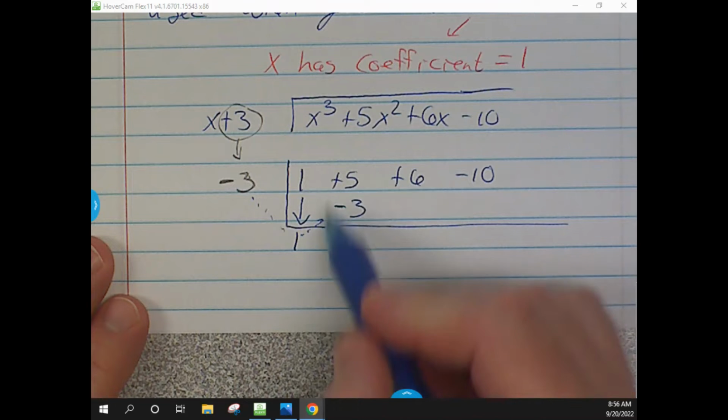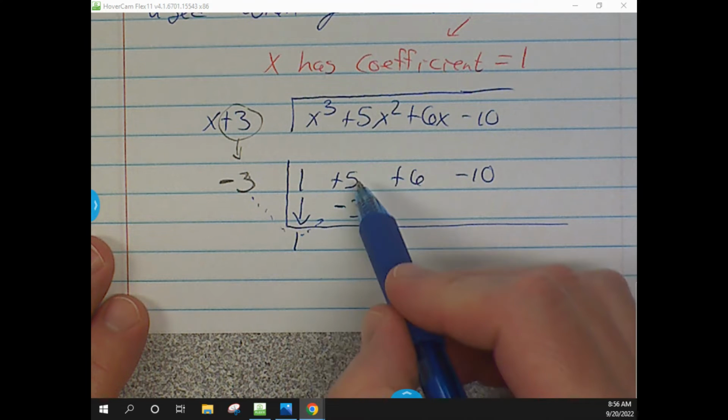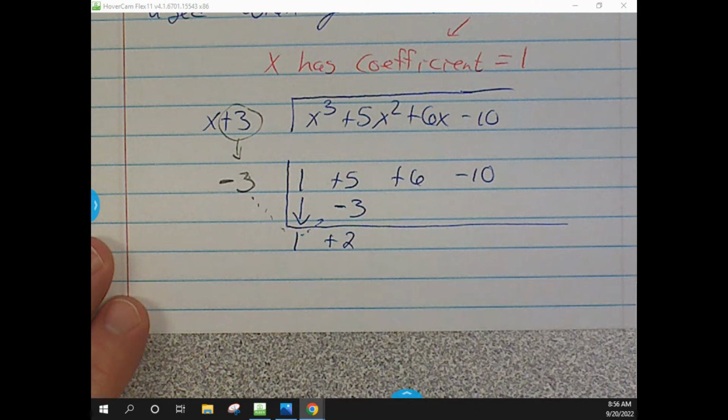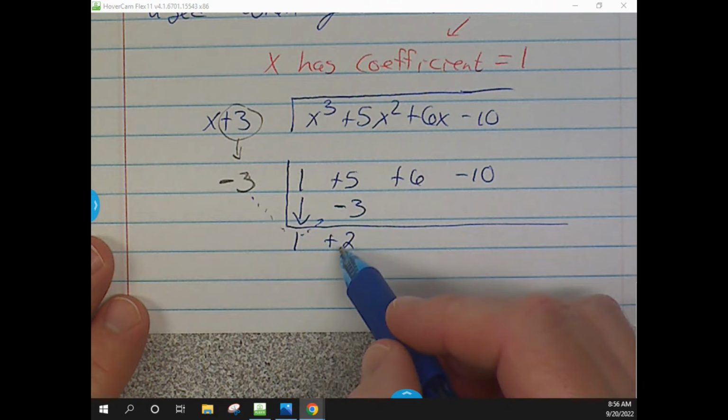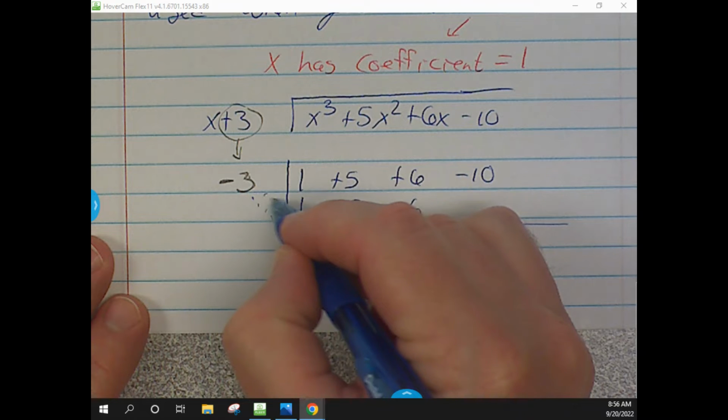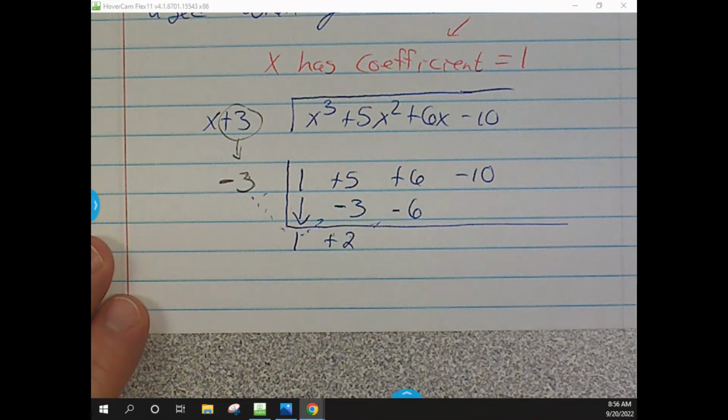And then with these signs and numbers, you just do what it says. It's 5 minus 3. Oh, that's 2. We've got negative 3 times 2, which is negative 6. We've got 6 minus 6 is 0.